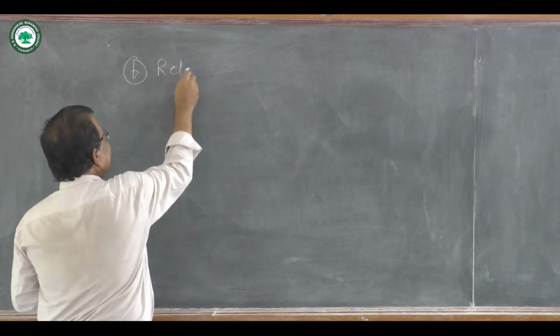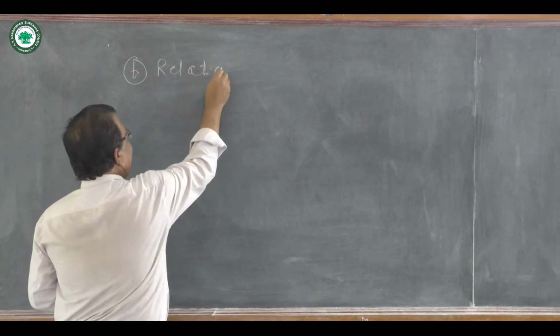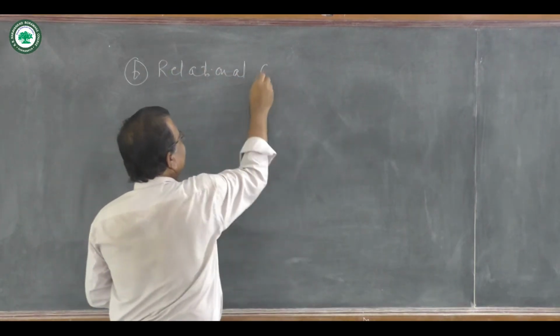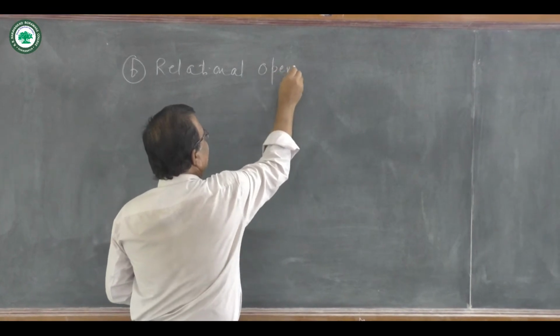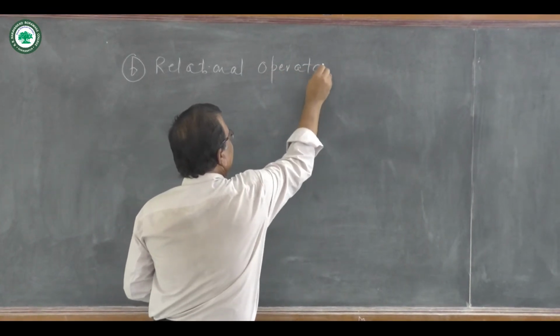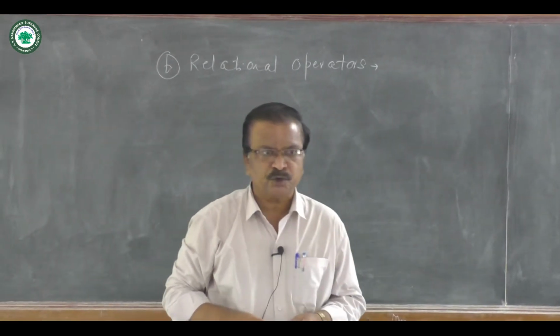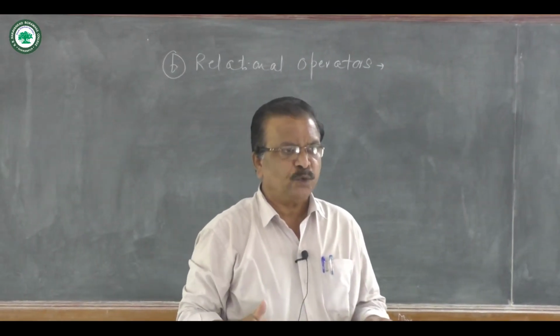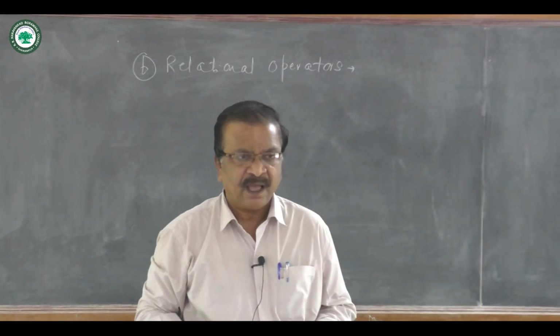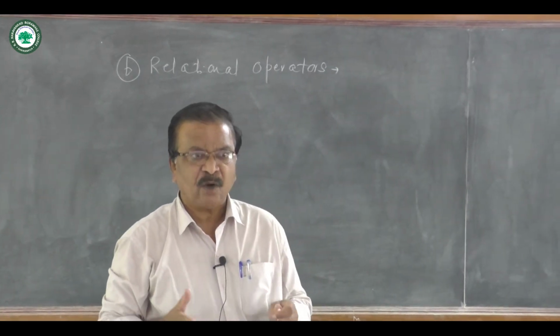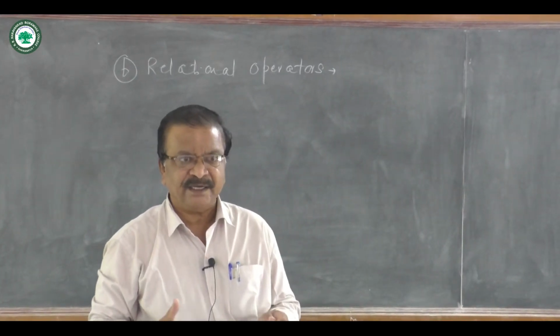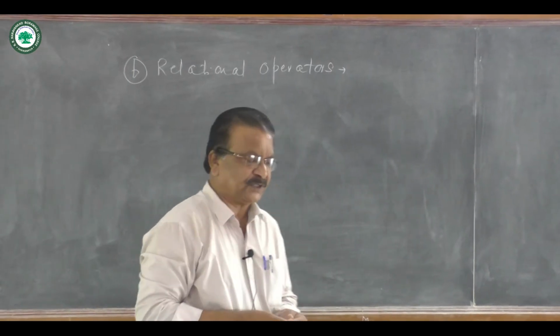Relational operators are used to test the relation between two values, and all relational operators are binary. They need two operands for their operation.